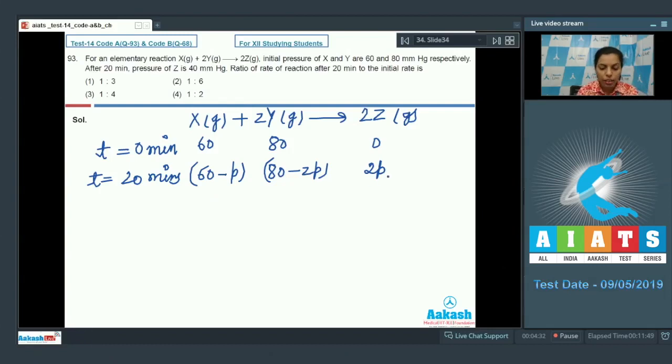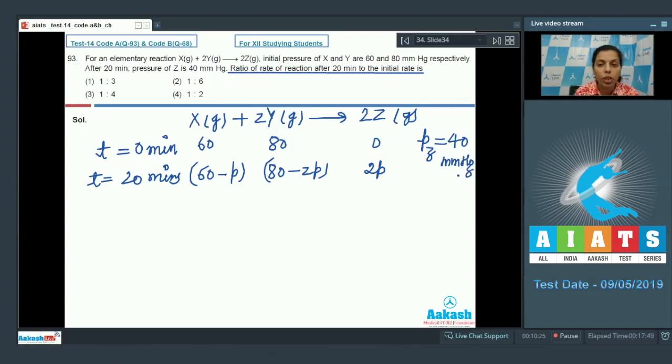Now, we know that the value of P is given in the question. Let's check. It is said that after 20 minutes, the pressure of Z is 40 mm of Hg. The ratio of the rate of reaction after 20 minutes to the initial rate is, it means we need to find out this ratio. And one more thing that we know here is that after 20 minutes the pressure of Z, that is Pz, is equal to 40 mmHg.